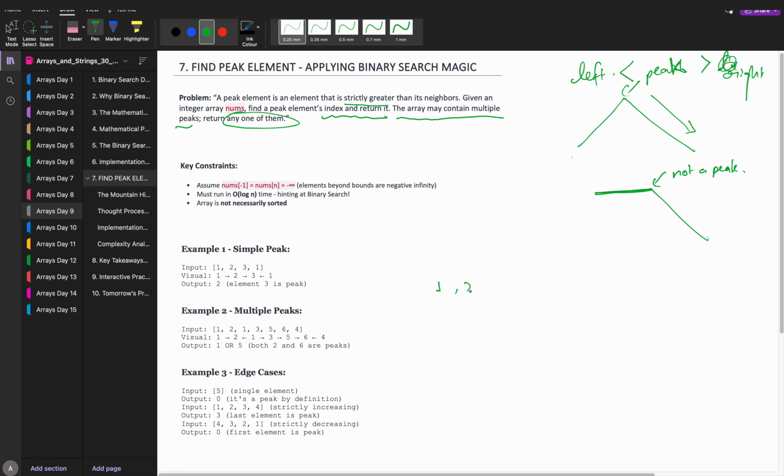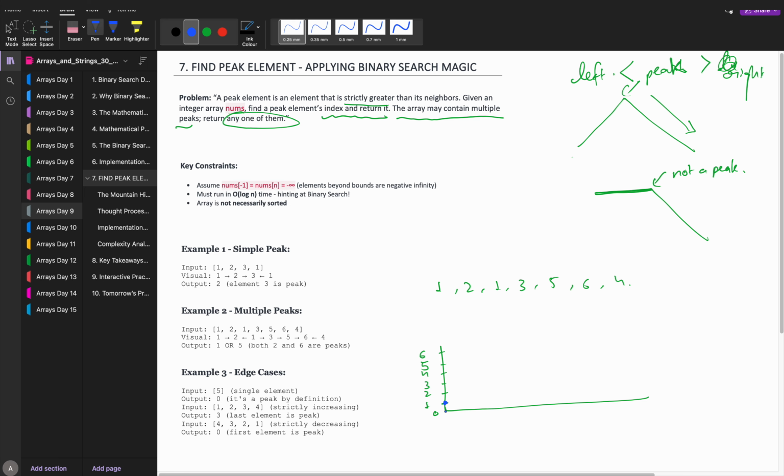Okay, 1, 2, 1, 3, 5, 6, and 4. If I were to plot it just for your visual appeal, right, I plot it on an X-Y plane, starting from here: this is zero, this is one, this is two, this is three, this is four, this is height five, and this is height 6.